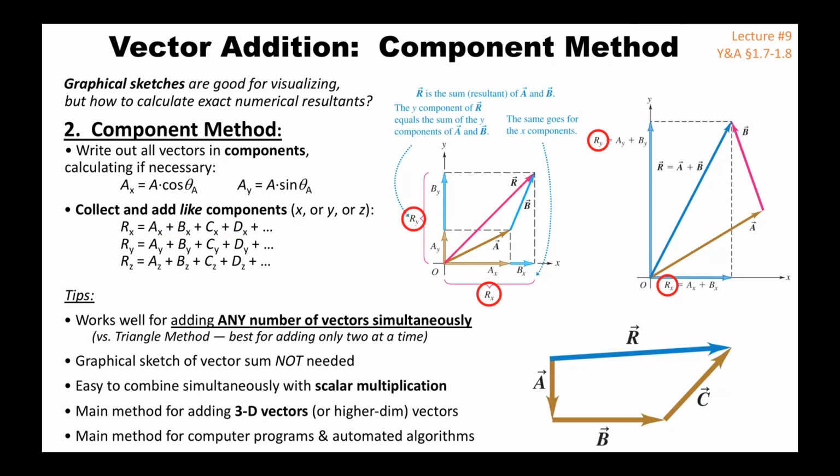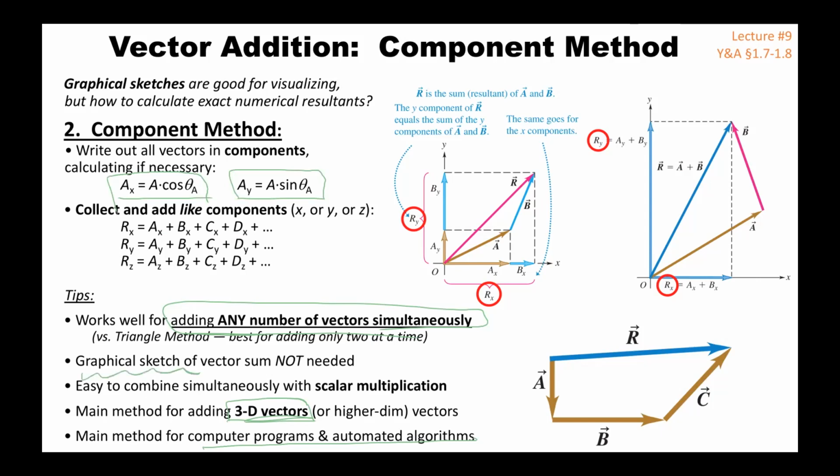So this lets us add any number of vectors all at the same time, right? 2 to 200. It lets us do so for 3D vectors and not just 2D vectors like we were talking about here. It's very easy to automate, right? In fact, the vectors can be at all types of weird and strange angles, and yet you can grind through and calculate what their components are just using our old formulas for finding those x components and y components.